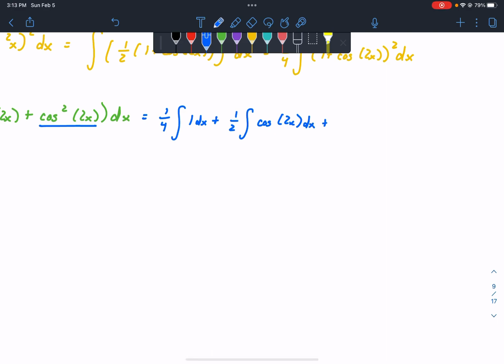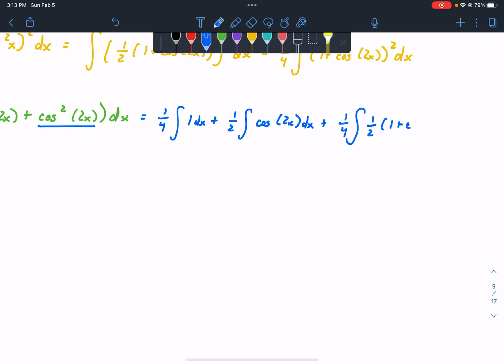And then I'm going to have the 1/4, and then here's my cosine squared of 2x. So let's go ahead and take the power reducing of that. So you're going to have 1/2 (1 plus cosine). Remember, the formula is cosine of 2 theta. So 2 theta is going to end up being 4x here. So you've got your cosine of 4x dx.